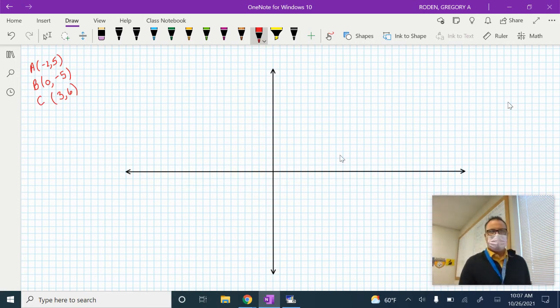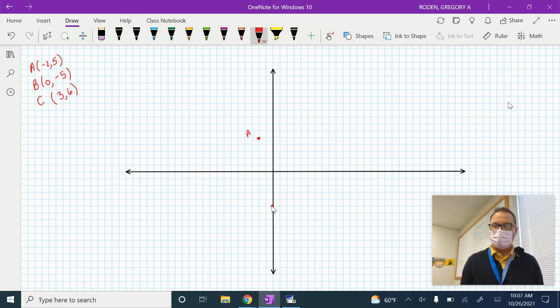Okay. So we have the point -2, 5. So left 2, up 5. 1, 2, 3, 4, 5. So that's A. And then the next point is 0, -5. So 0, 1, 2, 3, 4, 5.